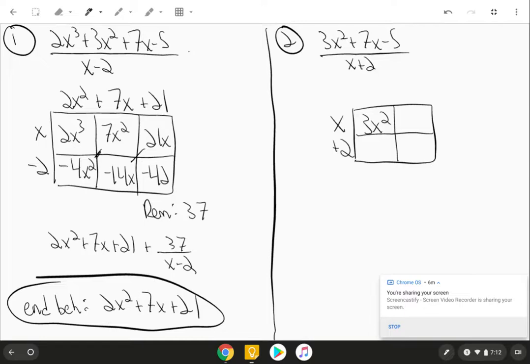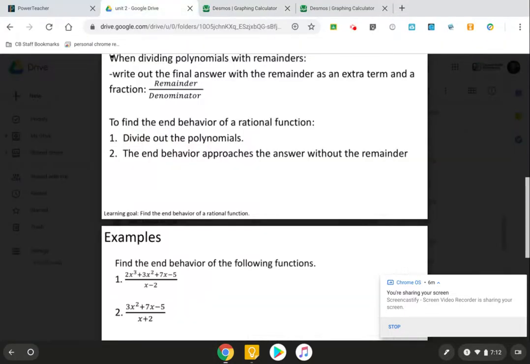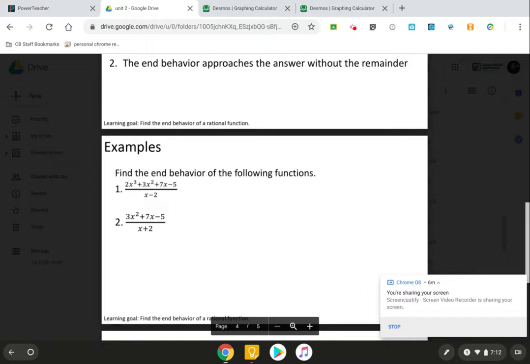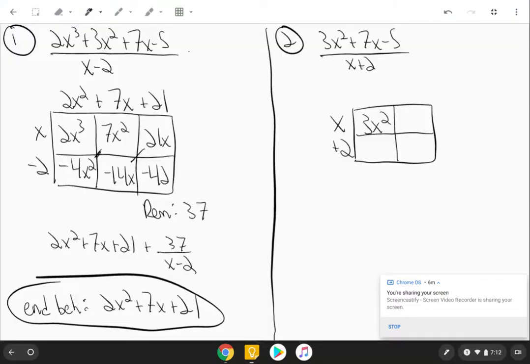Let's go ahead and do number 2 in our examples quickly. We have 3x squared plus 7x minus 5 over x plus 2, and we're going to find the end behavior of that rational function. Let's divide this out. x times 3x is 3x squared.